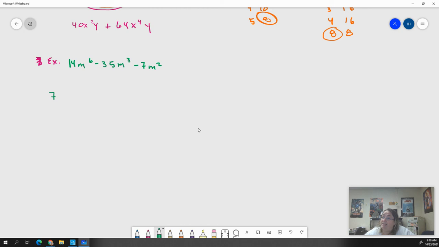Each one of them has an m component, right? This one has 6 m's, this one has 3 m's, and this one has 2 m's, which means I can pull 2 m's out. I can only pull out the number that the least one has. So we can take out an m squared.